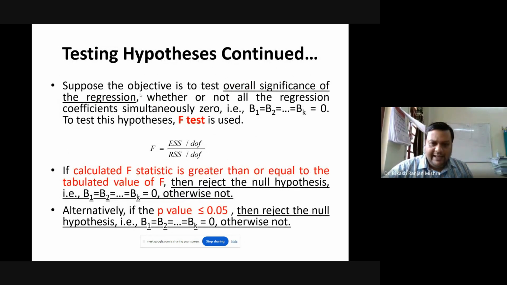Now moving to the next concept, called the f-test. The f-test idea is that instead of asking for b10, b20, bk0, etc., we ask whether all the variables, whatever may be the 3 variables, 4 variables, 10 variables we have taken into consideration, are jointly affecting our dependent variable or are not affecting it at all.